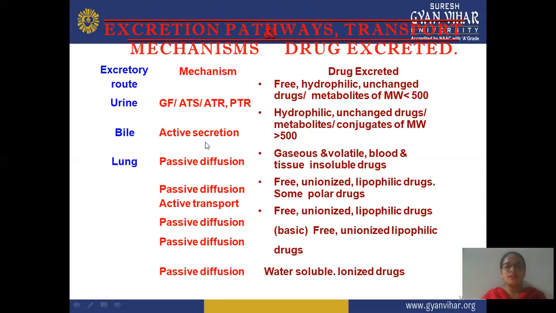And second one is active secretion. In active secretion, hydrophilic unchanged drug or metabolite conjugates of molecular weight more than 500 Dalton take place. It's just opposite to the previous one, which was less than 500 Dalton, but this is more than 500 Dalton. It's hydrophilic in nature, unchanged drug, and also metabolites.